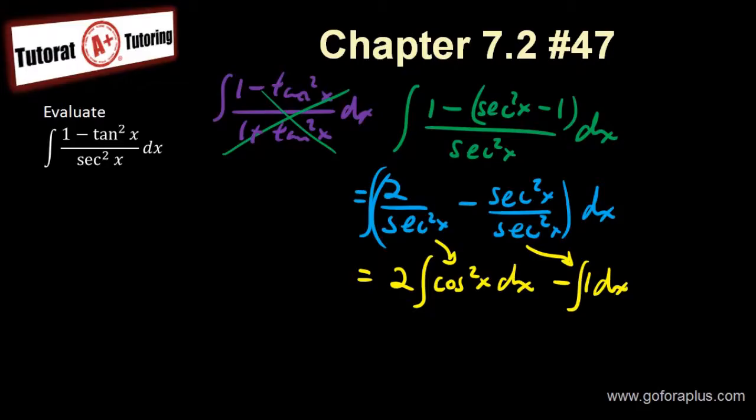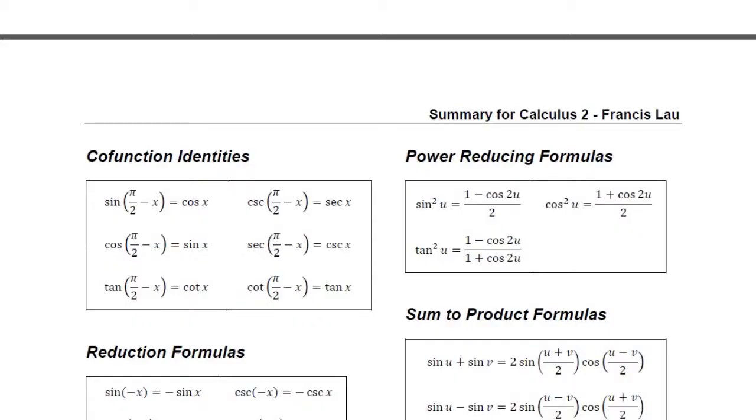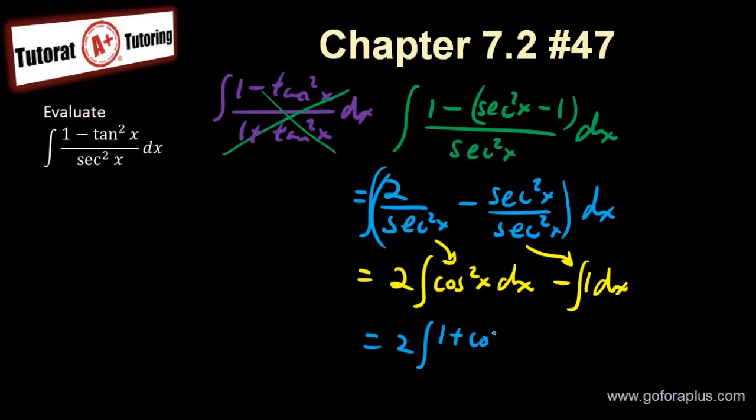So if you are following this, you can transform this into 2 times the integral of (1 plus cos 2x) over 2 dx, minus the integral of dx.